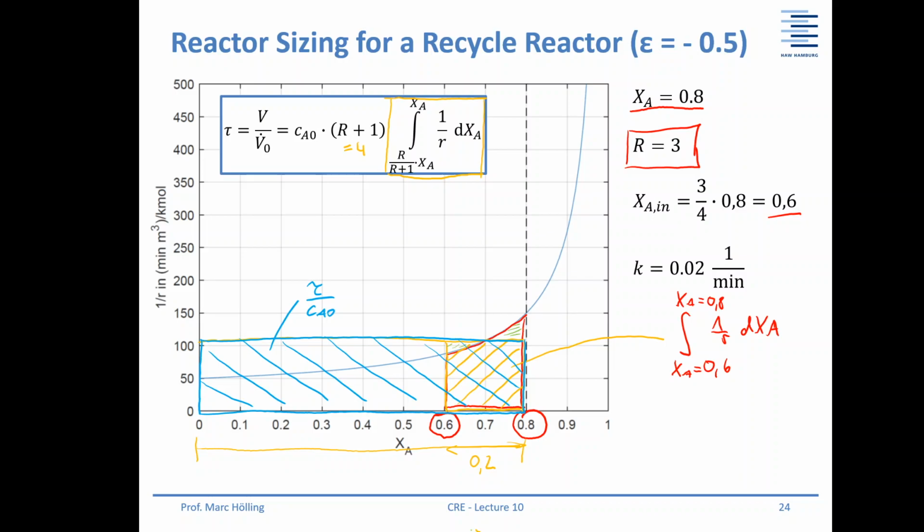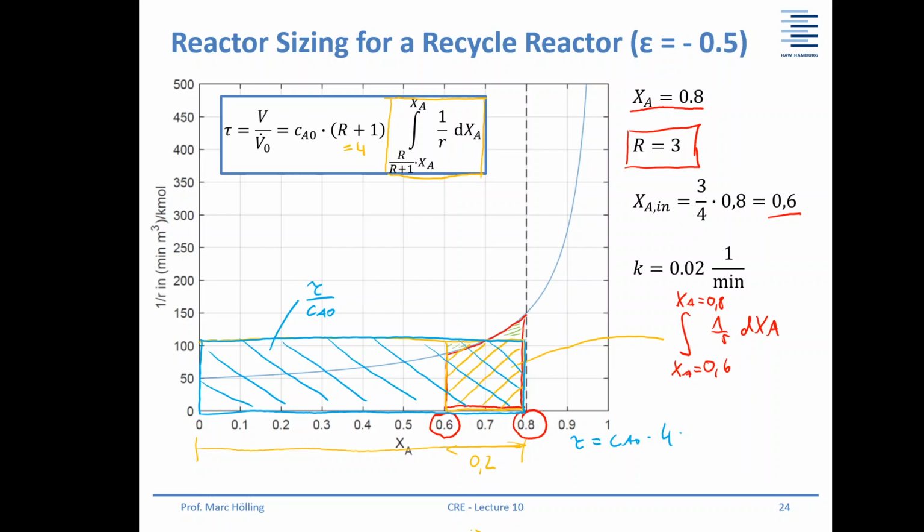Then let's look at how we can calculate it. Tau over CA0, or tau is the same as CA0 times 4 times this area.